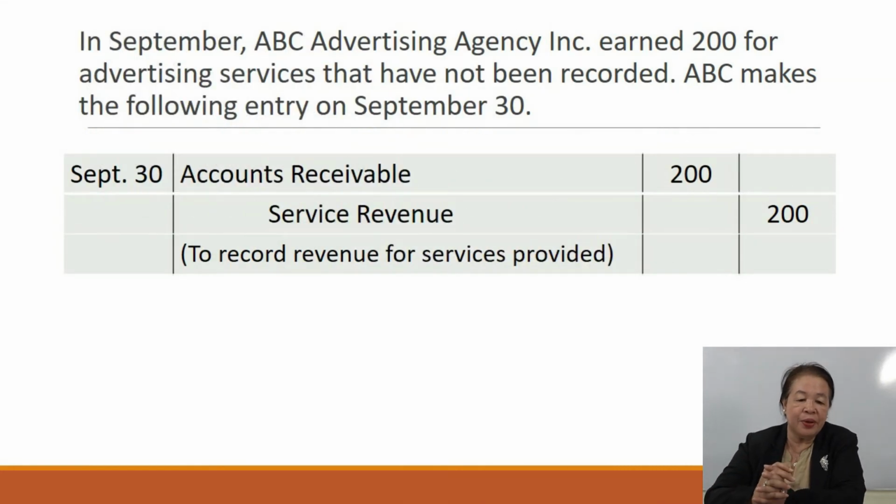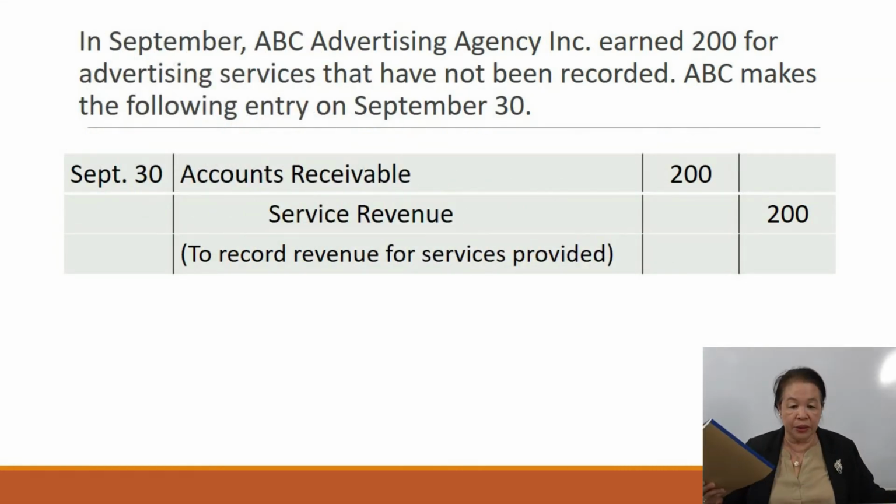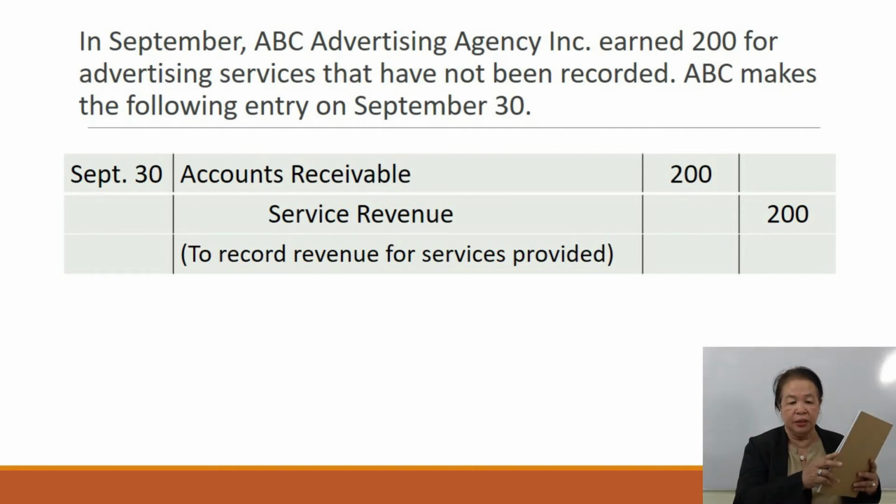So, example. So, dito po sa adjusting entries natin, ito yung ating journal, no? So, asan siya? Yung September 30 natin na accounts receivable na 200, no? So, hindi natin na ilagay dito. Pero ito yung ating mga sample ng adjusting entries which I show you kanina, no? So, no September 30, yung ating accounts receivable is 200.